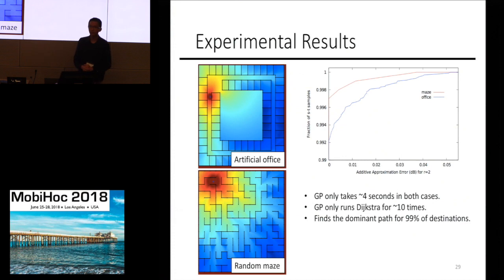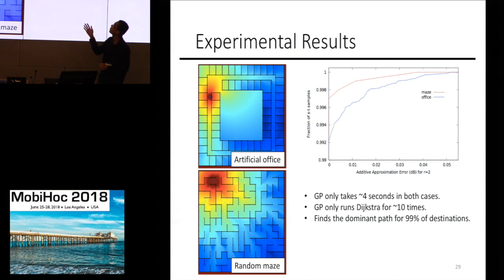At the end, I'm going to show you some experiment results that we have in our simulation. We ran our algorithm in two indoor areas. The first one is an artificial office area, and the second one is a randomized area.